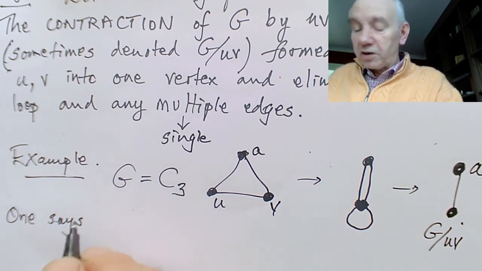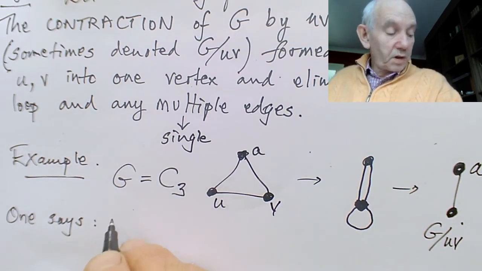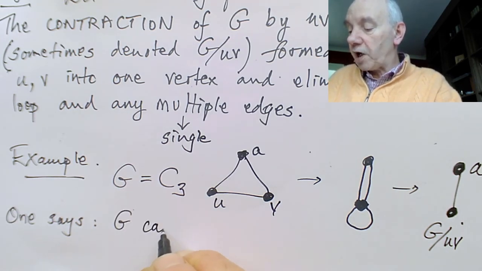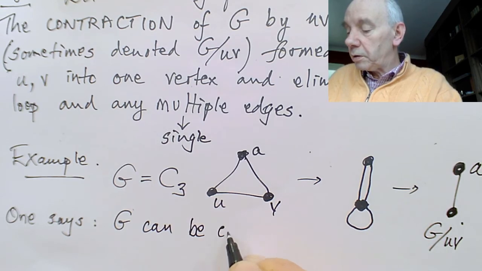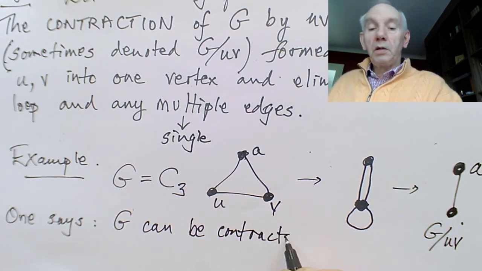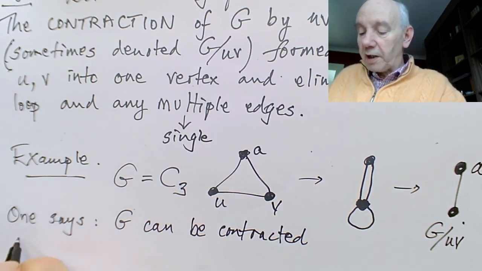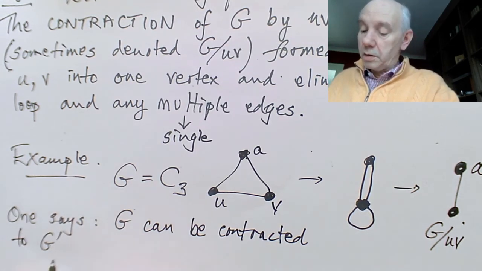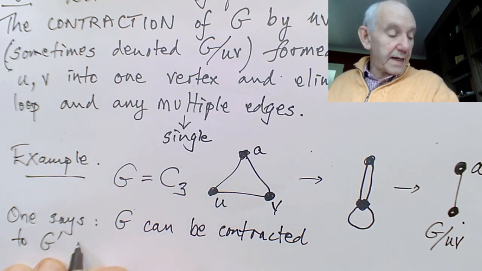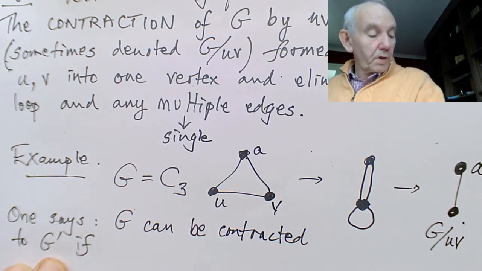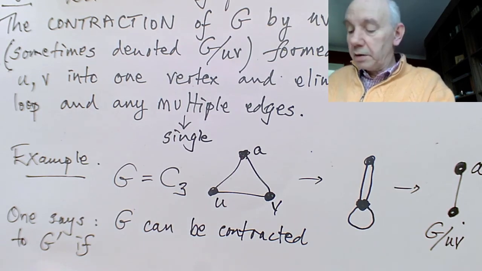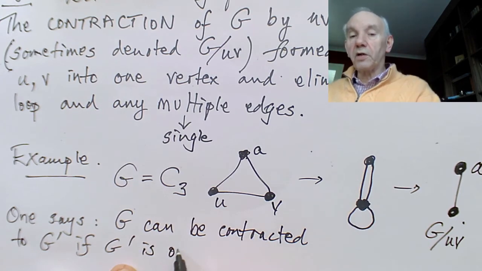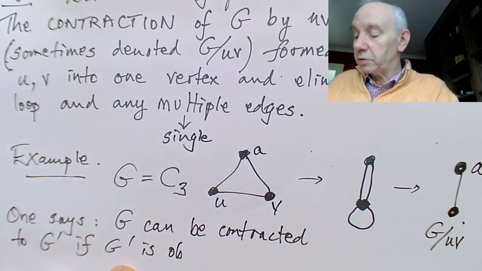So one says that a graph G can be contracted to G primed, say, another graph, G primed, if G primed is obtained from G by a sequence of edge contractions.